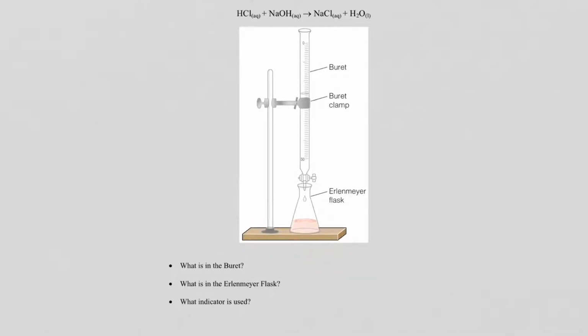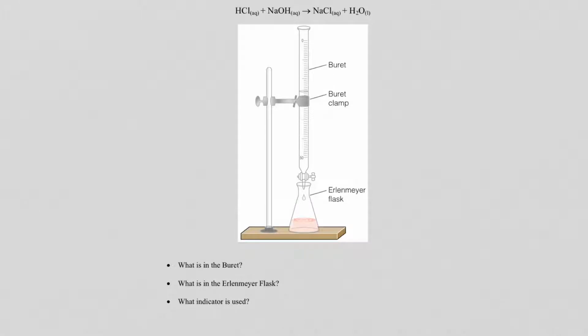So, let's go ahead and label this diagram again based on where things go. In the Erlenmeyer flask, we have our analyte, which is HCl, and we have our indicator, which is phenolphthalein.